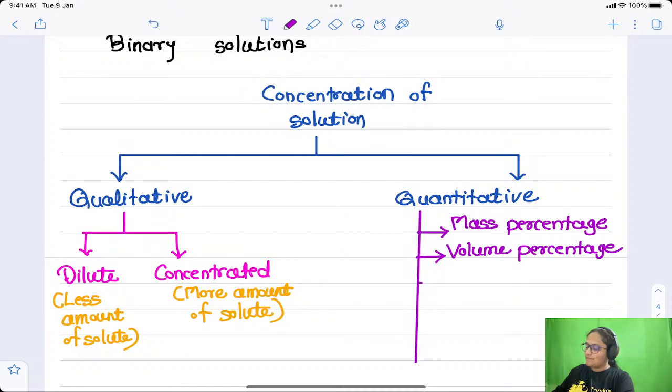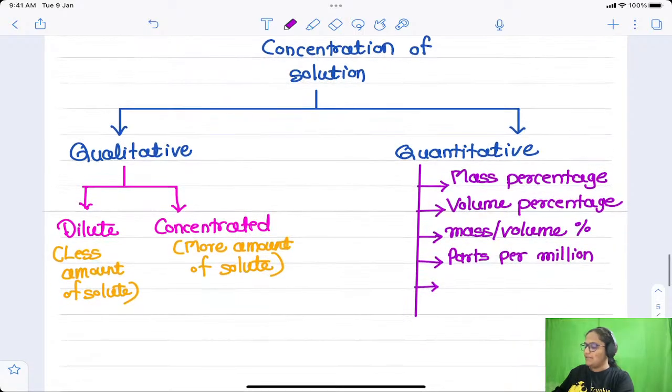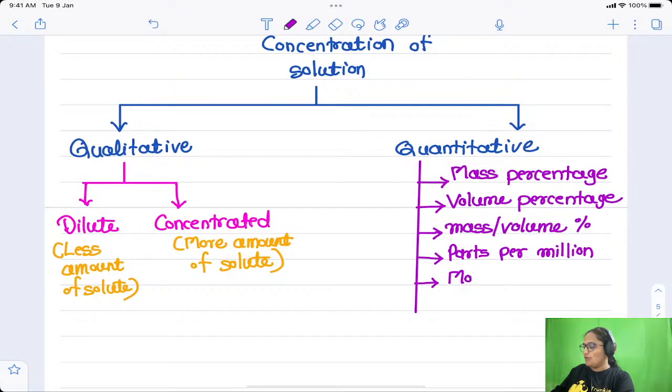Third method is mass by volume percentage. Fourth method is parts per million, also denoted as ppm. After parts per million, the next one is mole fraction. After mole fraction, the next one is molarity.